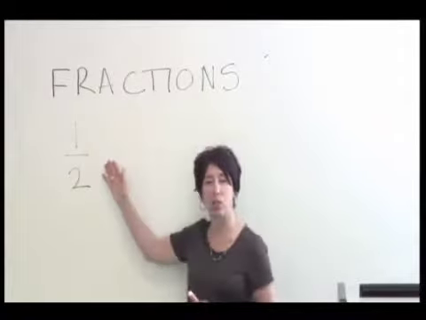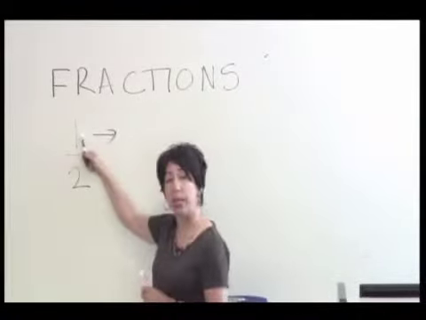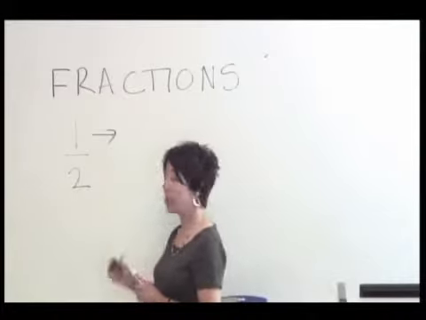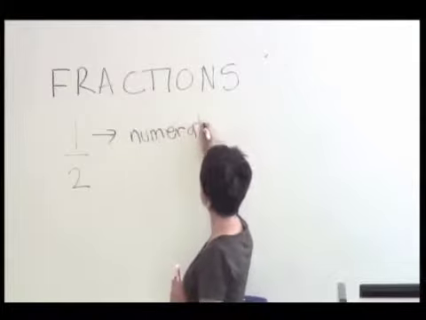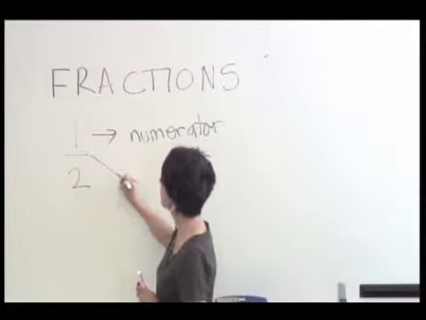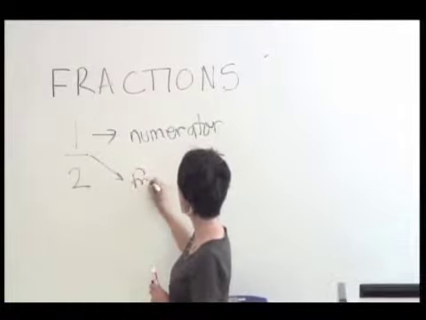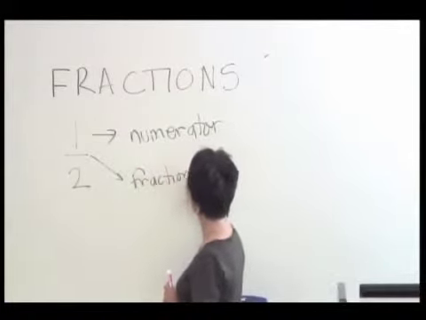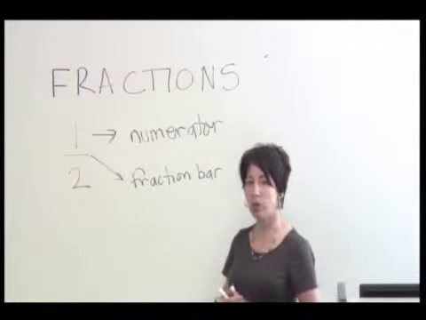Here's a representation of a fraction, and the number in the top is known as the numerator. This horizontal bar right here is known as the fraction bar, and it's also a symbol for division.